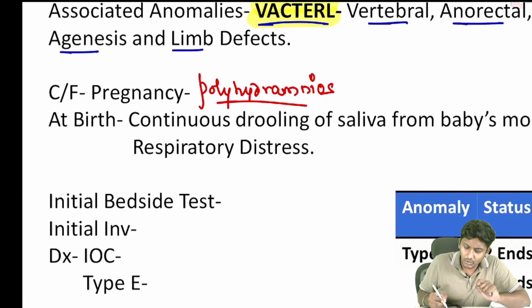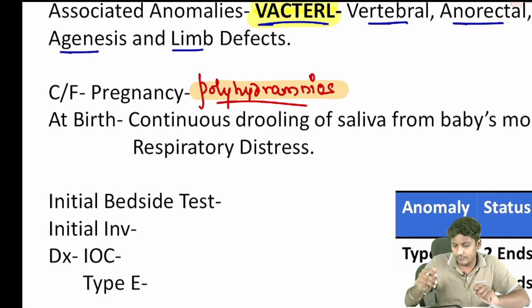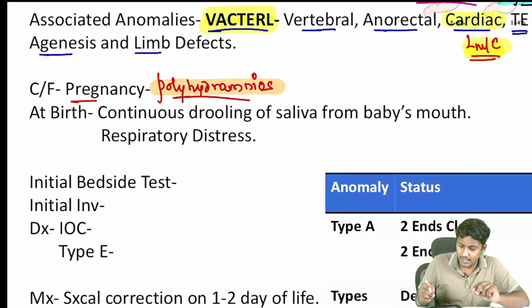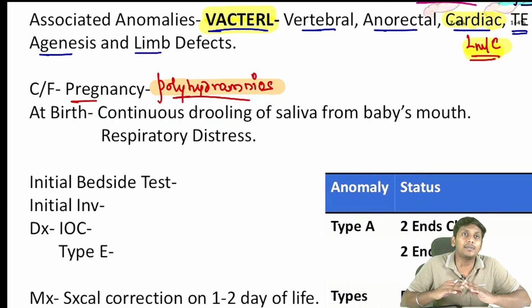Okay? So please remember, no problem, children, that has to be remembered. If the patient is having polyhydramnios in pregnancy, suspect that the fetus might have a gastrointestinal anomaly like esophageal atresia.